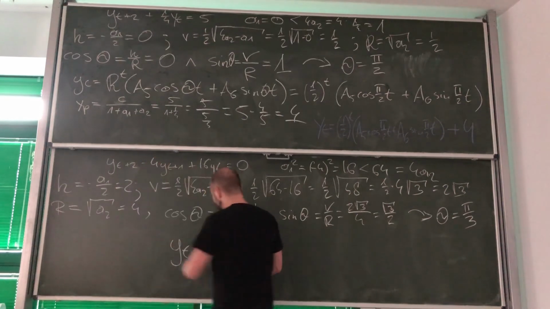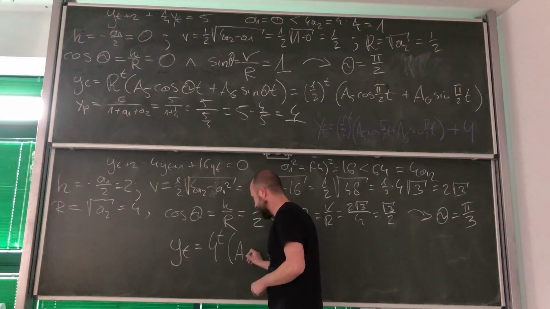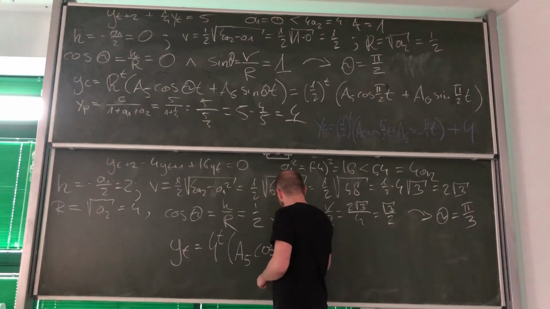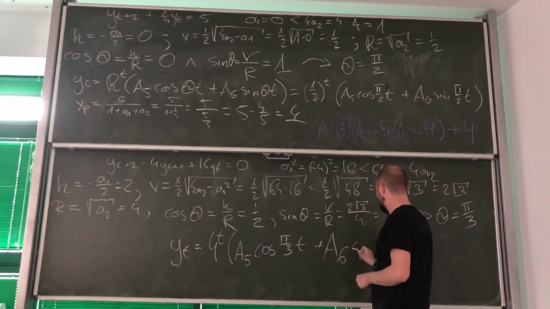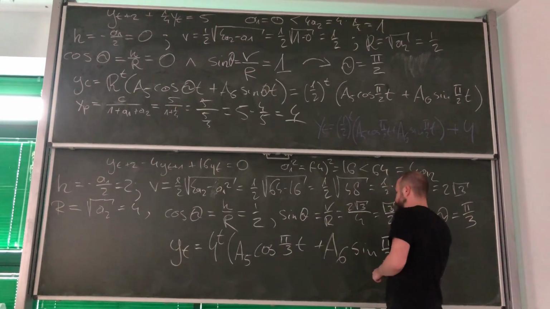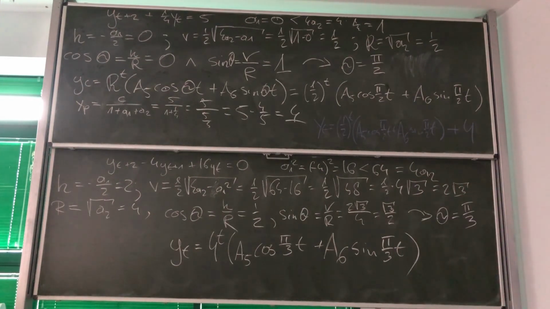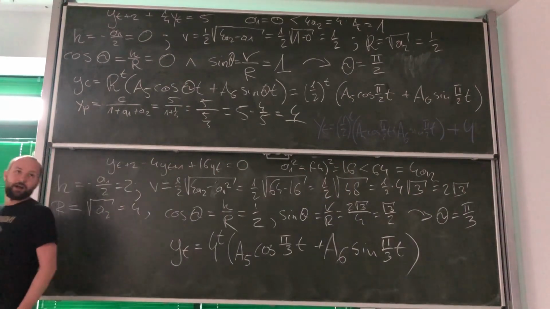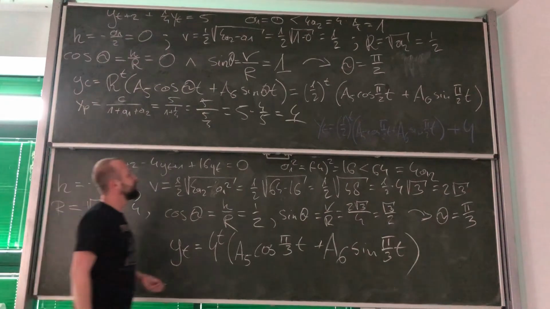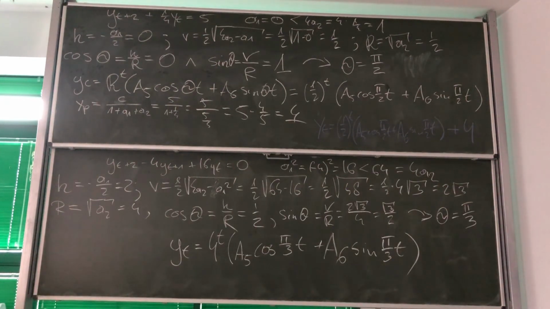So first, r to the power of t, then times a5 times cosine pi over 3t plus a6 times sine pi over 3t. Okay, so this is it. This is how we find the complementary function in second order difference equations under the case of complex roots.